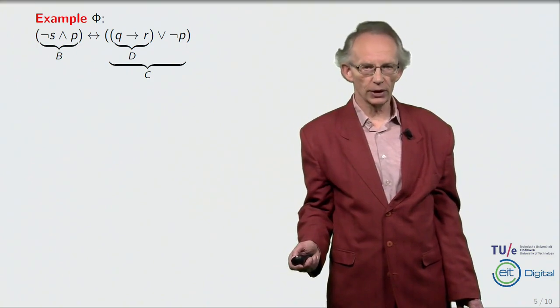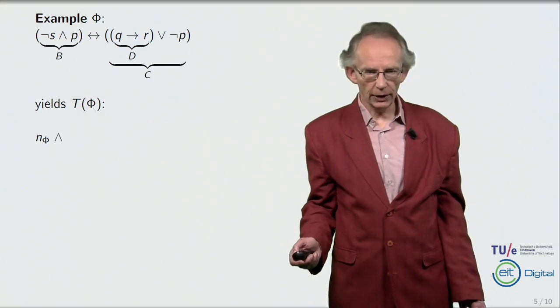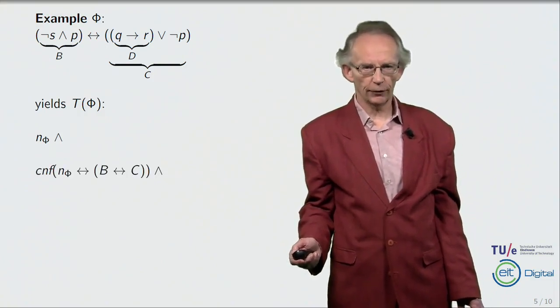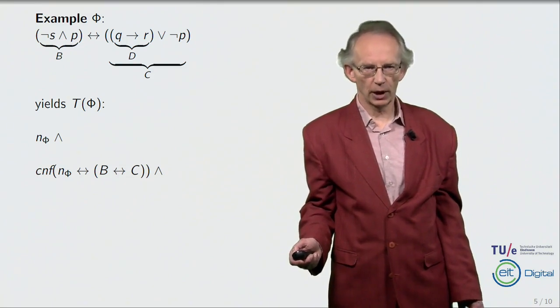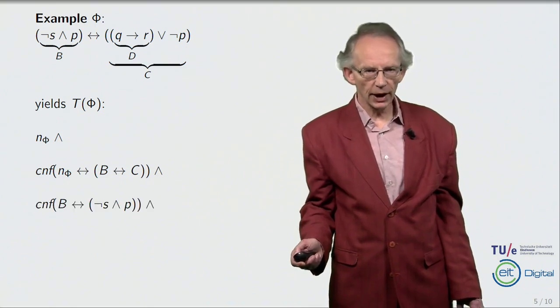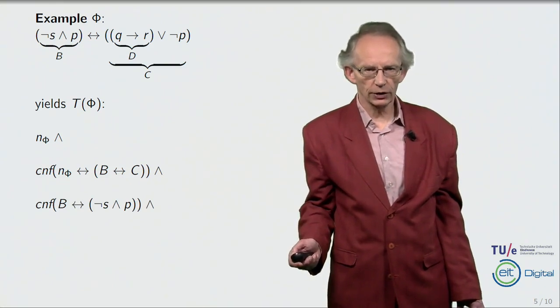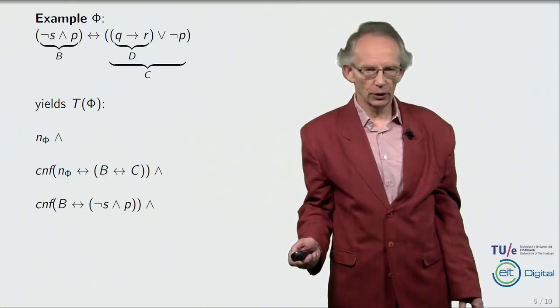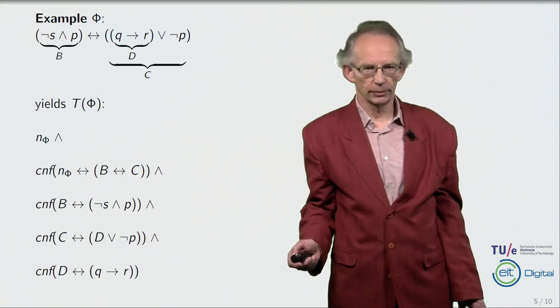And now the Tseitin transformation consists of the name of the whole formula, n phi, and the CNF of n phi bi-implication B bi-implication C, since the whole formula is the bi-implication of the formula named B and the formula named C. And next, B is the conjunction of not S and P. So we compute the CNF of B bi-implication not S and P, and so on. And in this way, we get the whole Tseitin transformation.